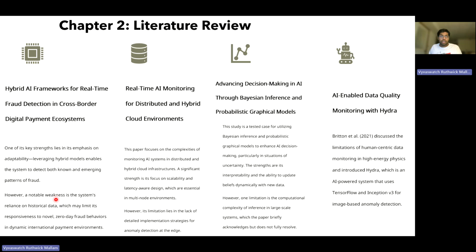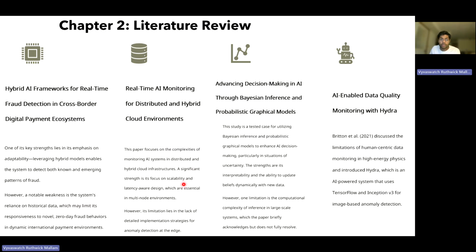So this is about the first article I've read, and then I've read the other article, that is real-time AI monitoring for distributed and hybrid cloud environments. So this is for the cloud environment. This paper focuses on the complexity of AI monitoring in distributed and cloud infrastructure.